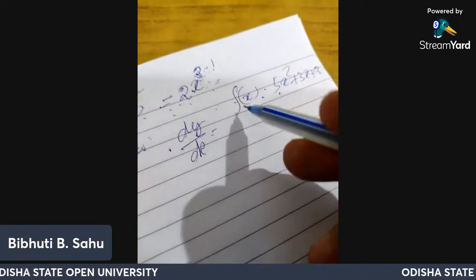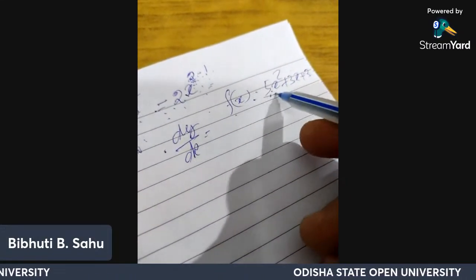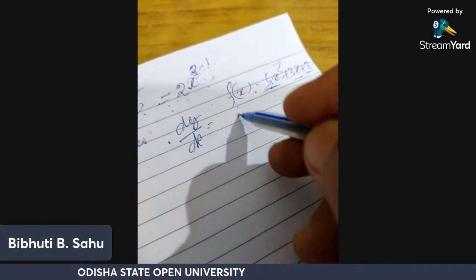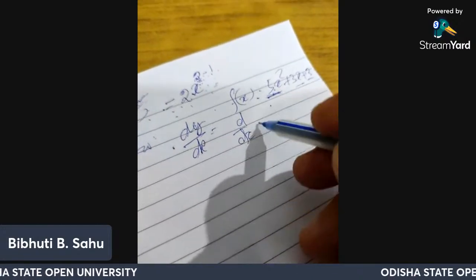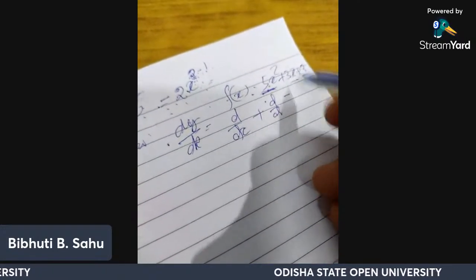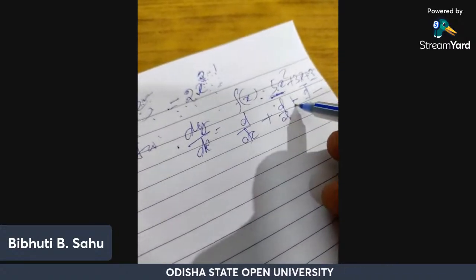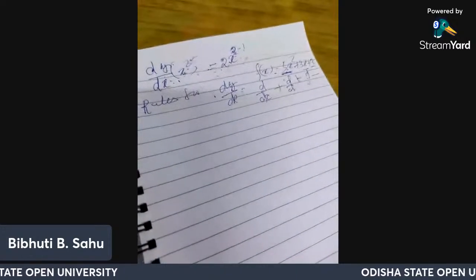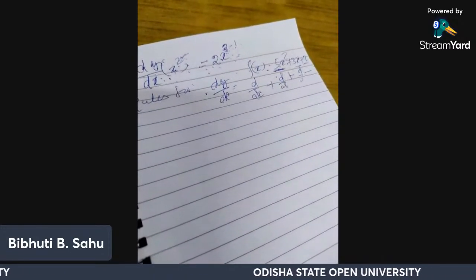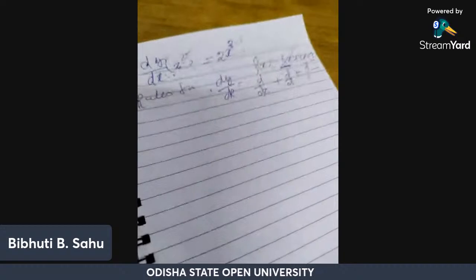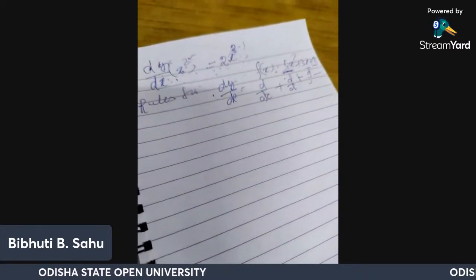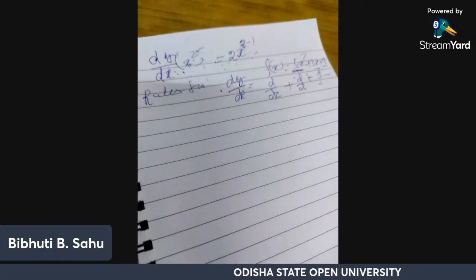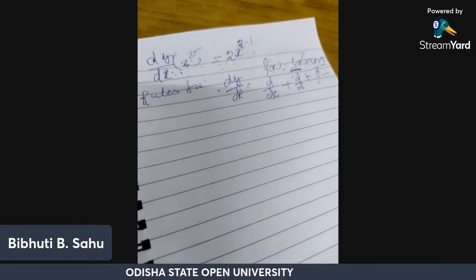In this case, we can take the derivative of every term separately. That means dy by dx is equal to d/dx of this plus d/dx of this plus d/dx of this. So when the function is in the form of addition or subtraction of polynomial functions, we can find the derivative by differentiating each term separately.